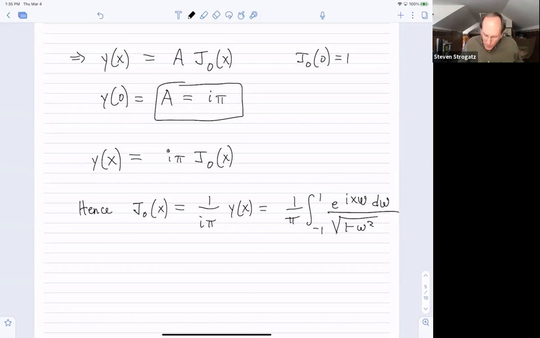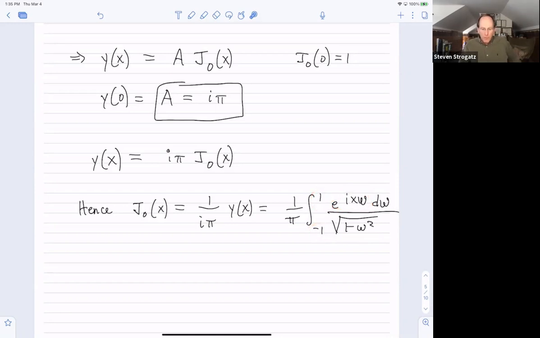You can observe, though, that since this really has a real and an imaginary part, right? The e to the ixw, there's a cosine plus an i sine, and the i sine integral will vanish because this is an even expression in w, and sine of xw would be odd in w. Notice we're on a symmetric interval from -1 to 1.